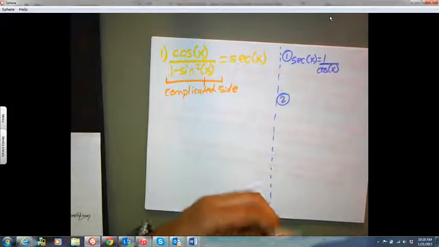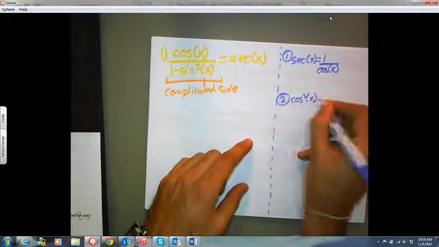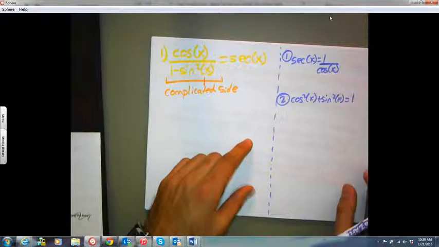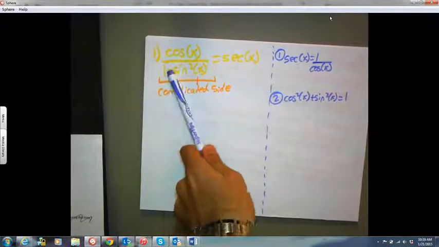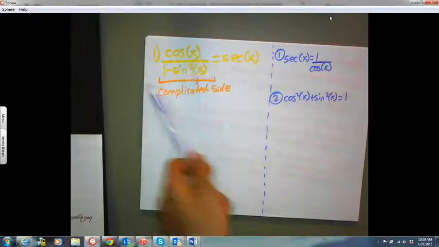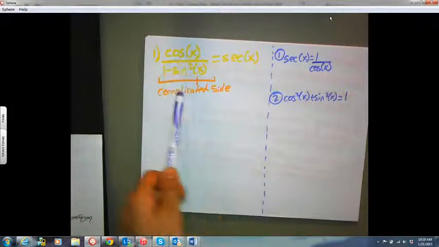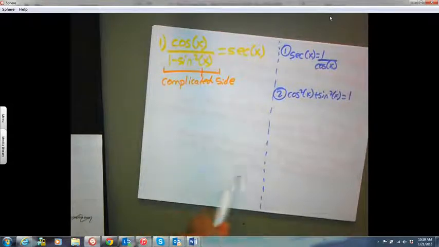Excellent. So these are the 2 identities I see. My goal is to get rid of all the complications and make this side just be secant of x. So my final answer will be secant equals secant. You've got to make this side be secant because that is what the other side is.